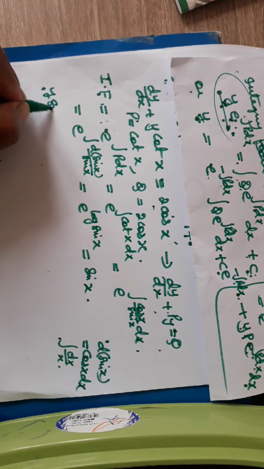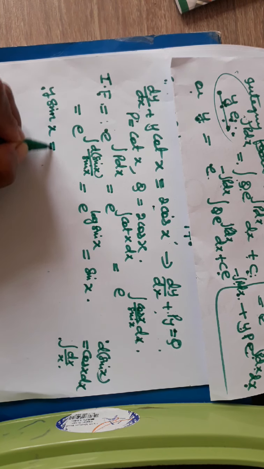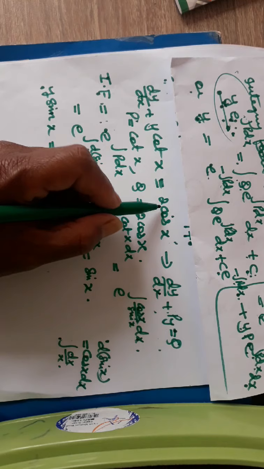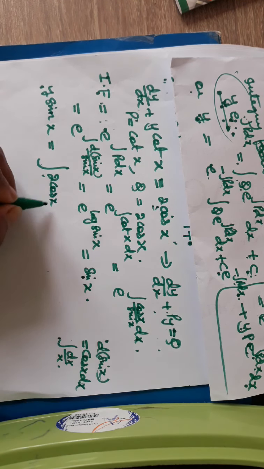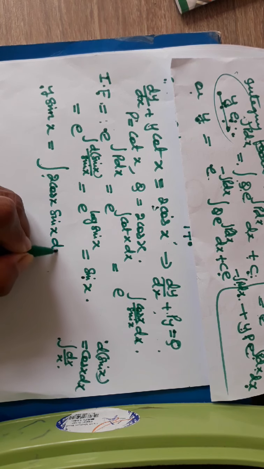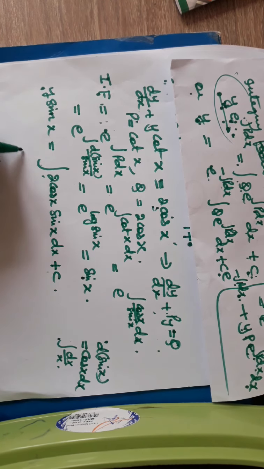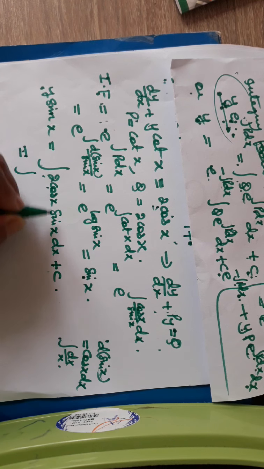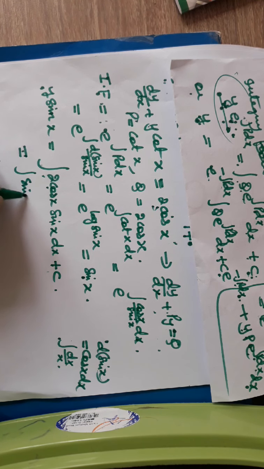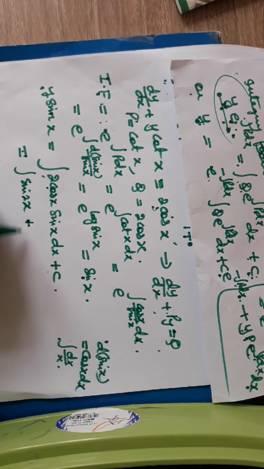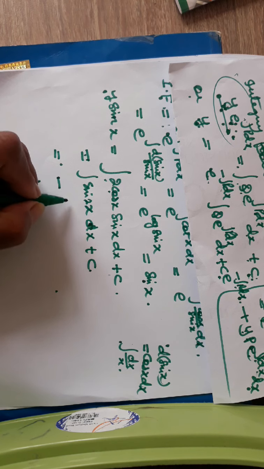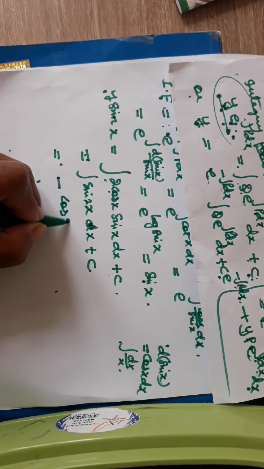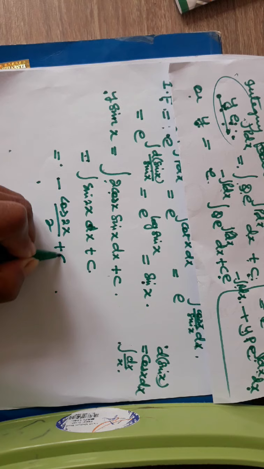the integrating factor, that is y into sin x is equal to the integral of q, which is 2 cos x, times the integrating factor sin x dx, plus some constant c. The right hand side, 2 sin x cos x, is nothing but sin 2x from trigonometry, so the integral of sin 2x dx plus c gives you minus cos 2x divided by 2 plus c.